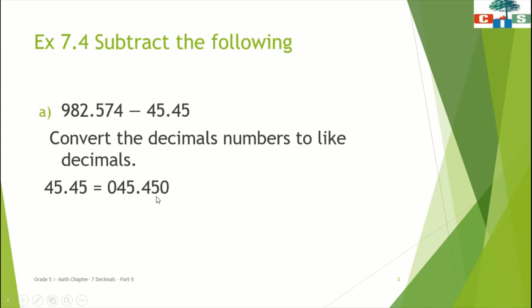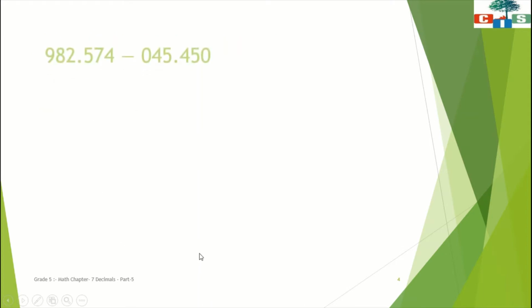And now we can see that here also we have 3 decimal places, that is 45.450. So now we can easily subtract 982.574 minus 45.450.